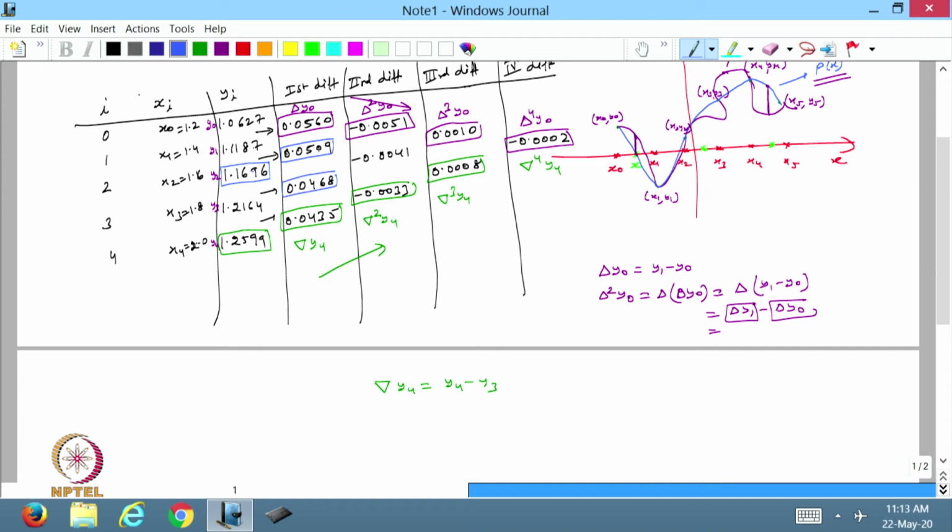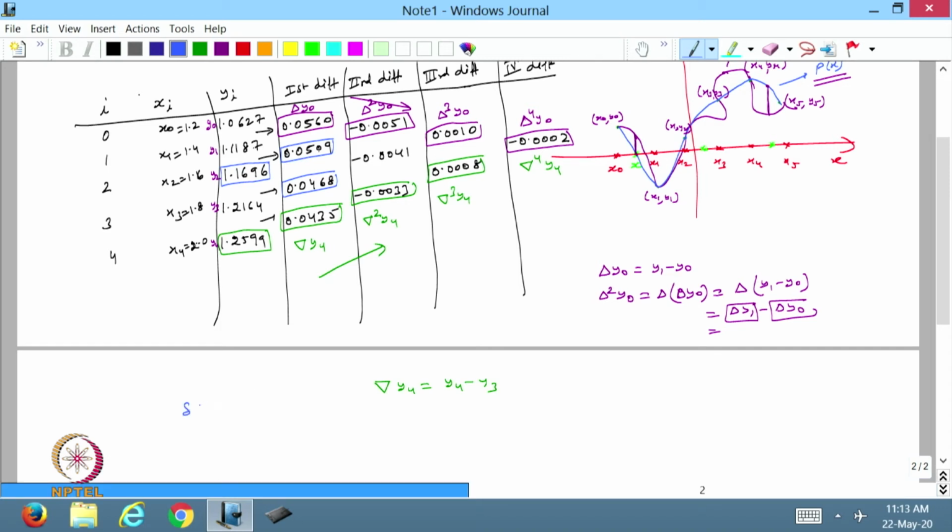Now, I want to find delta y2. What is delta y2? It will be y2 minus half minus y2 plus half. So, it will be y3 by 2 minus y5 by 2.